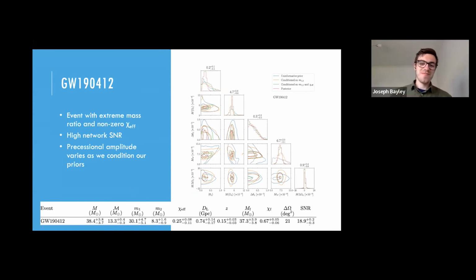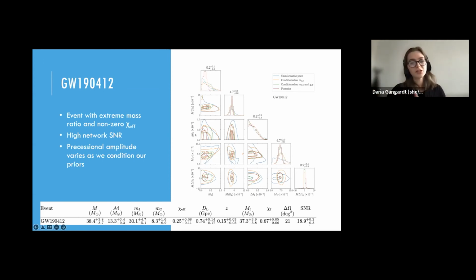Thank you. Yep. And so ideally, this means that we'll be able to constrain precession and nutation in this event. It also has a high network SNR, which is very useful. And you can see in our results that, unfortunately, for delta theta L, the nutational amplitude, the posterior looks very similar to the priors, meaning that we're not able to constrain nutation for this event, something that we see across the population.